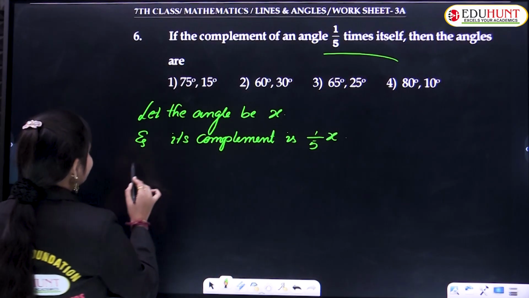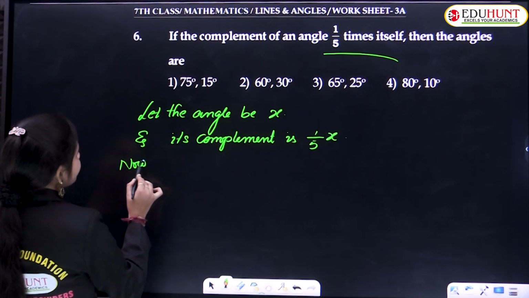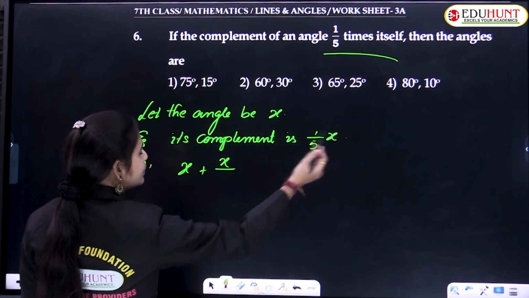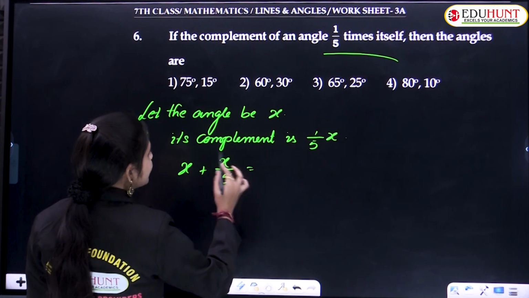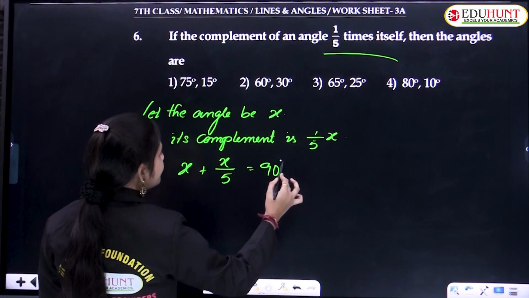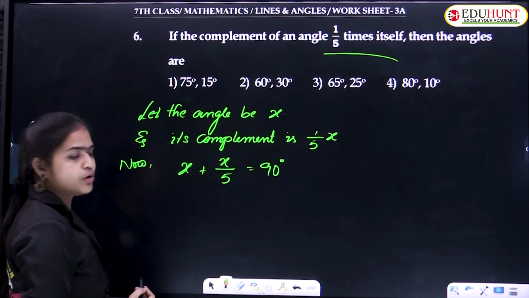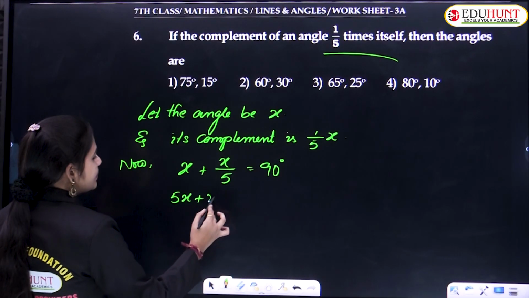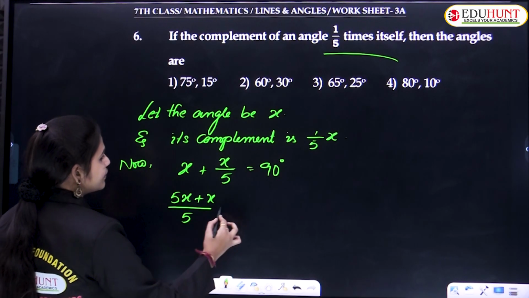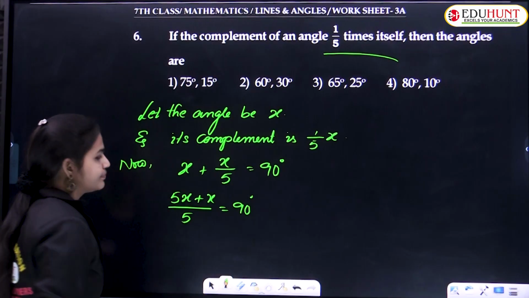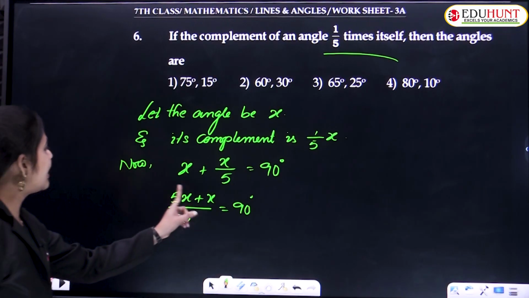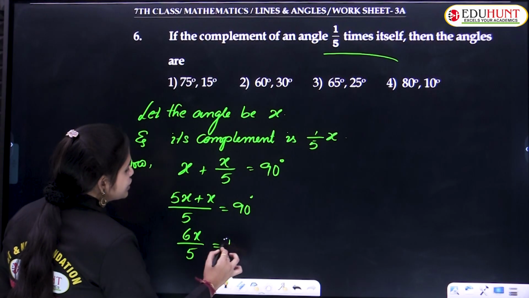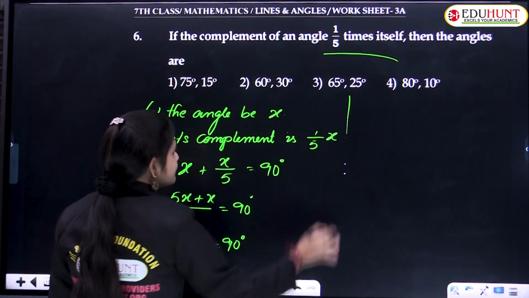Okay. Now, by the problem, x plus 1 by 5 into x, which means x by 5, is equal to the complement. No, complement means 90 degrees. Okay, ma? Now here 5 into x is 5x plus x by 5, which is equal to 90. Now 5x plus x is equal to 6x by 5, which is equal to 90 degrees.